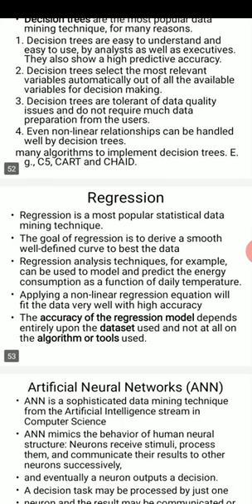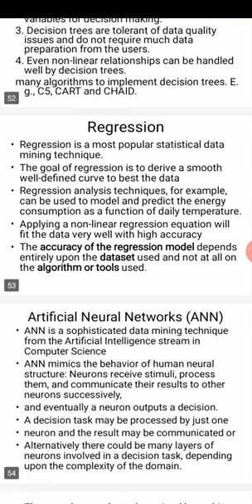Applying a non-linear regression equation will fit the data very well with high accuracy, and the accuracy of the regression model depends entirely upon the data set used and not at all on the algorithm or tools used.